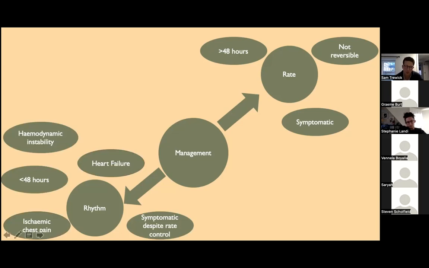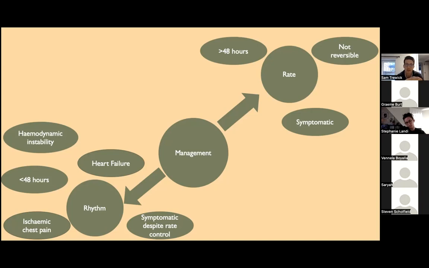Rhythm control is a bit more of a dark art really. In the first instance, if somebody's hemodynamically unstable, we're opting for rhythm control with electrical cardioversion. If somebody has got a definite onset of less than 48 hours, then they can be considered for rhythm control. If somebody has got heart failure that we are confident is a direct result of their atrial fibrillation, so they have decompensated purely because their AF is so poorly controlled, we can opt for rhythm control.